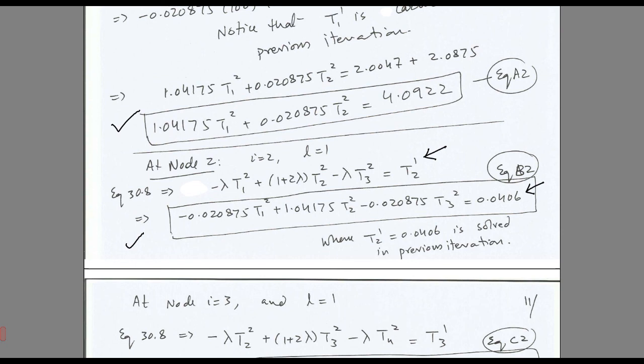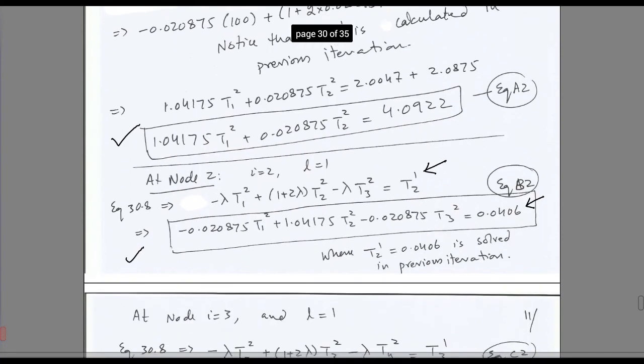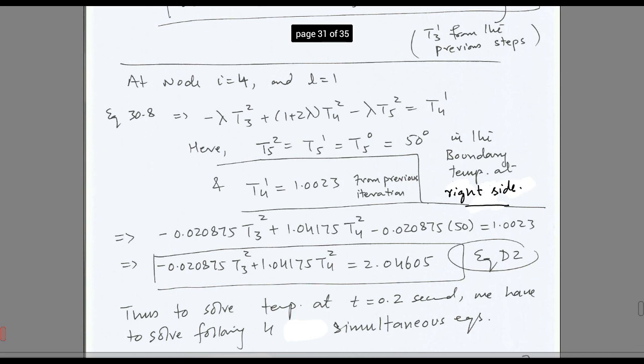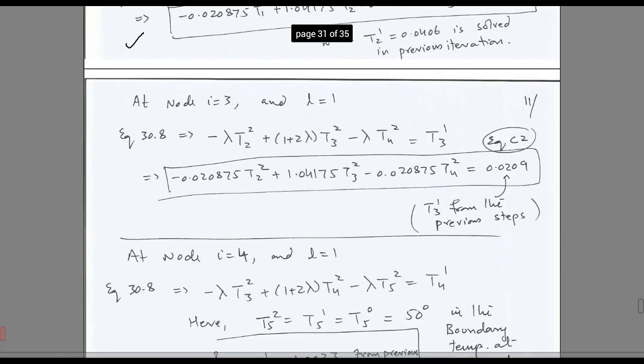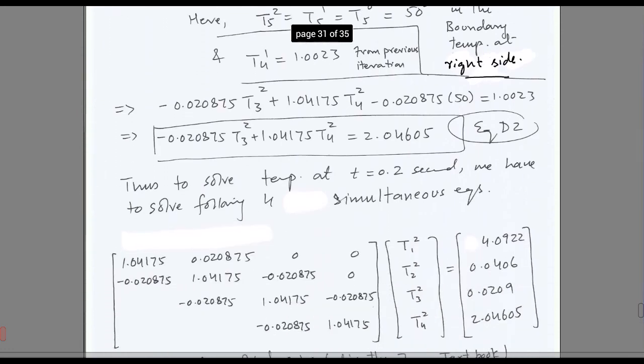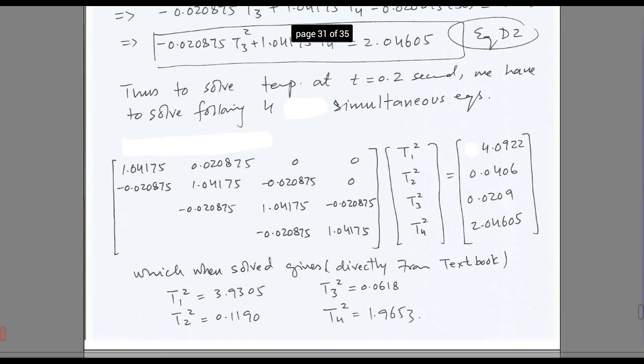So all the previous values like T21, T11, T31, for example here and this one, will all take the values which were calculated in the first step, and thus we will calculate 4 equations.